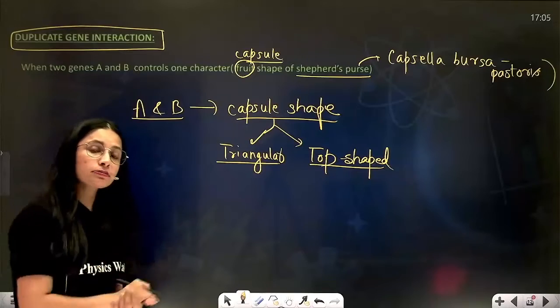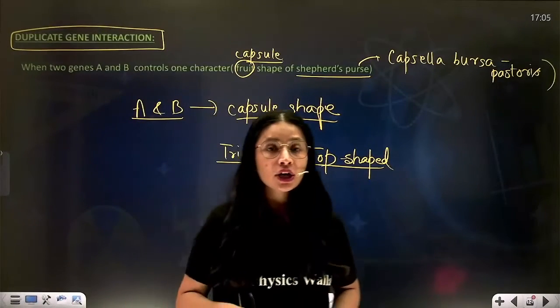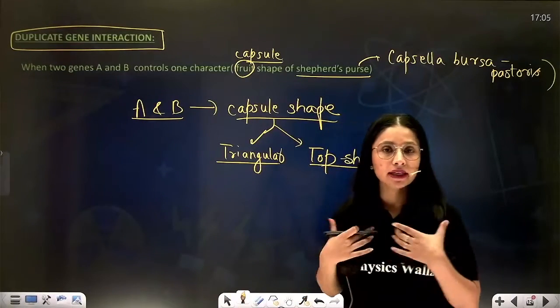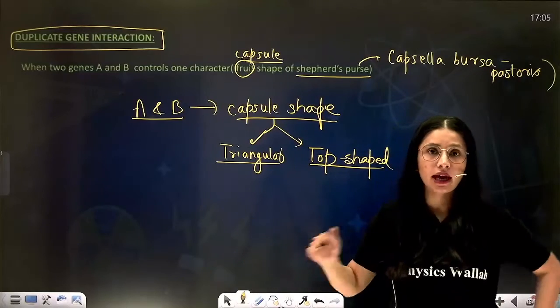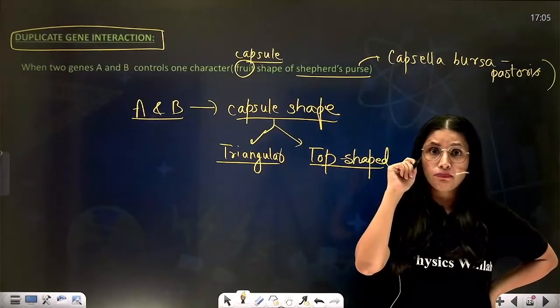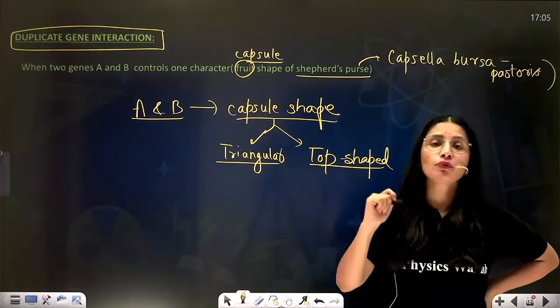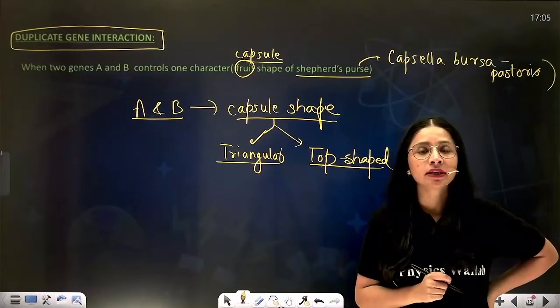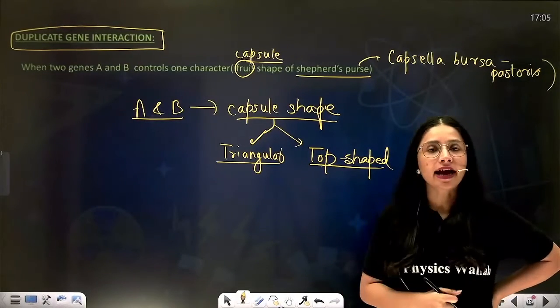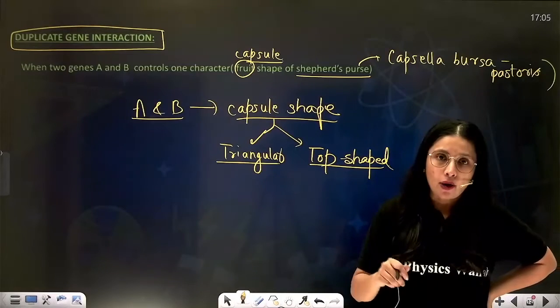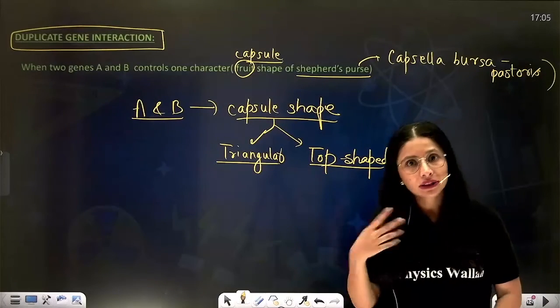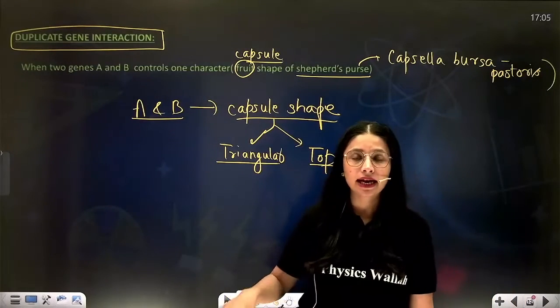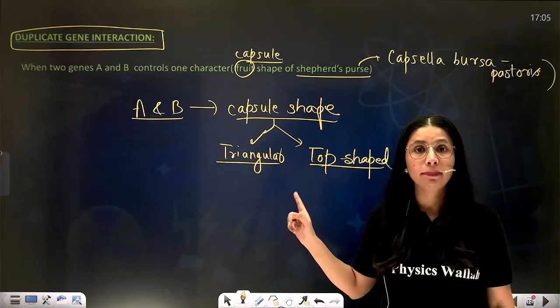Now, what is the explanation for duplicate gene interaction? Duplicate gene interaction says, beta, to bring triangular shape, both the genes, or even if one gene is present in dominant state, then triangular shape will come. However, if both the genes are present in recessive state, then capsule shape will become top.